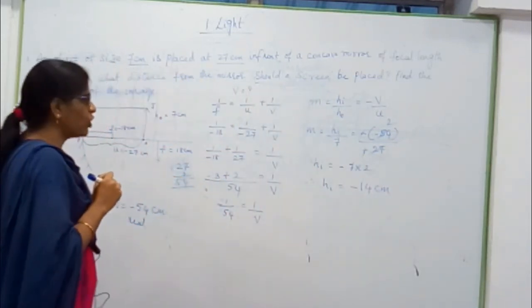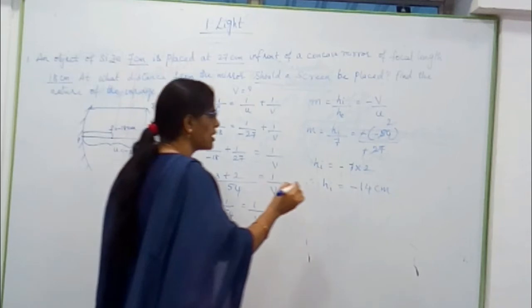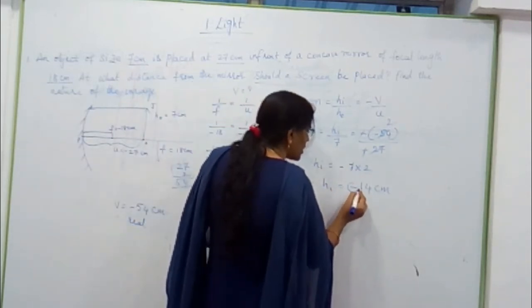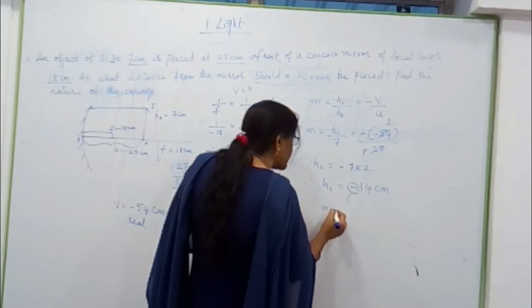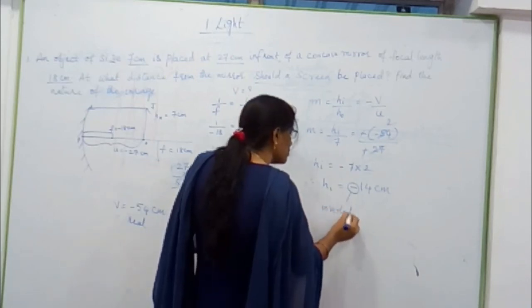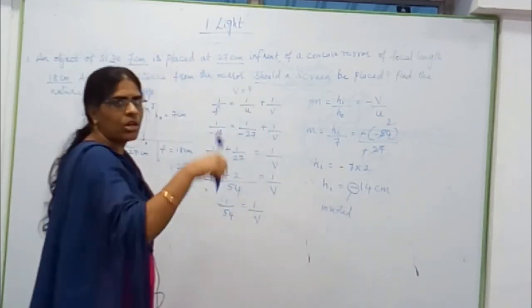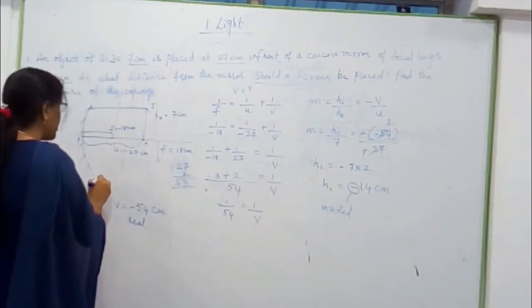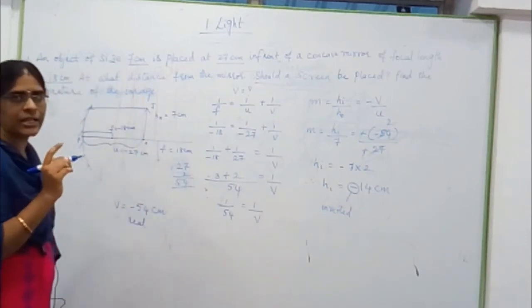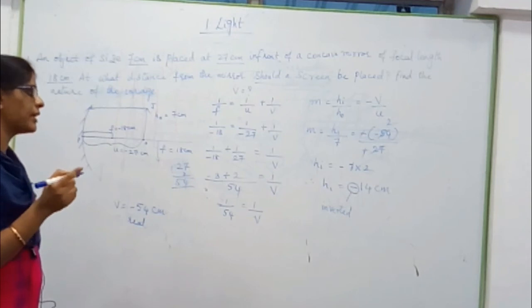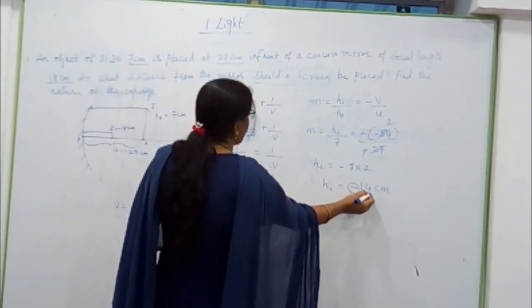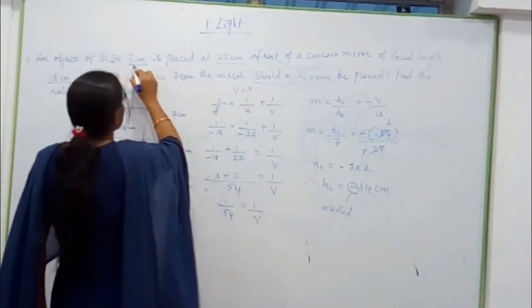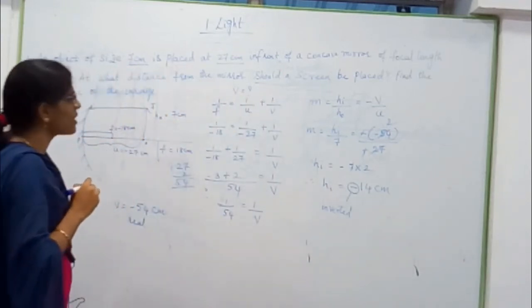Minus here indicates the image is inverted. Always for inverted images, we take the heights as negative. Now compare the values. Your value is 14, but the size of the object is 7.